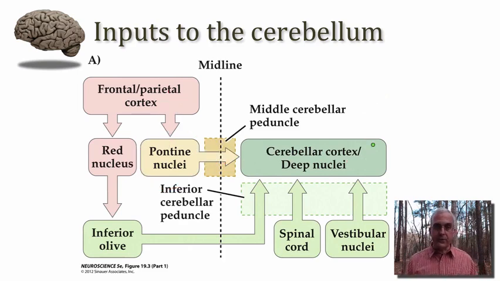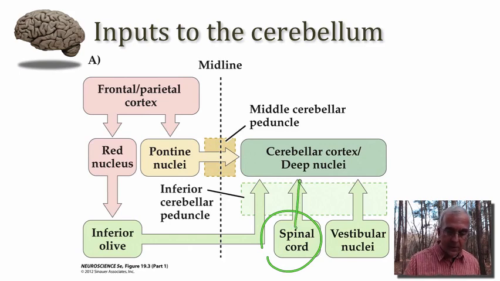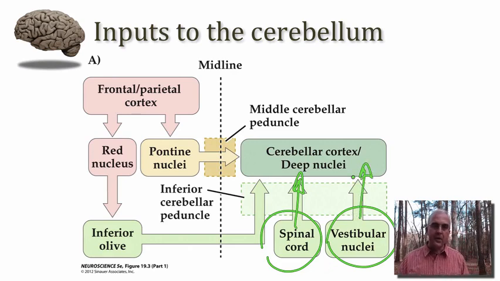Another important source of input to the cerebellum comes from our sensory systems, and specifically from our proprioceptive systems concerning the movements of our arms and legs, and this is fed into the cerebellum via relays from the spinal cord and the caudal part of the medulla. And then there are inputs concerning the movements of our head. These are conveyed into the cerebellum via the vestibular nuclei of the dorsolateral tegmentum of the upper medulla and the caudal pons.